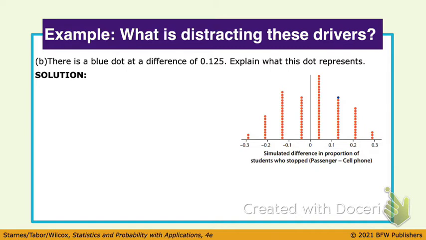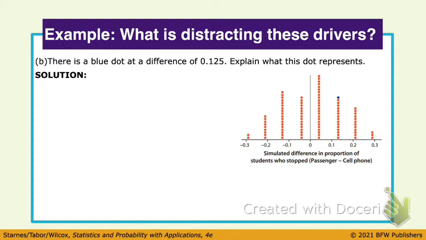What does it mean if we get a difference of 0? What would that mean? There was no difference. That the passengers and the cell phone group stopped at the same rate, right? And if we get a difference of 0.1, passenger minus cell phone, that would mean that the passengers stopped more than the cell phone group.